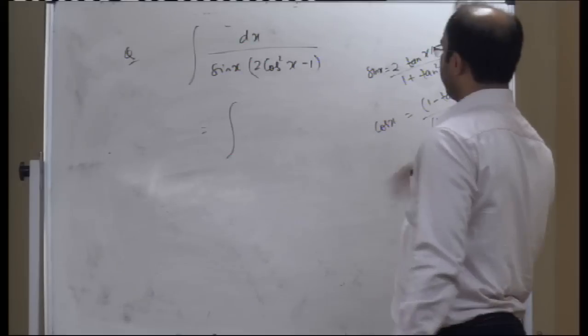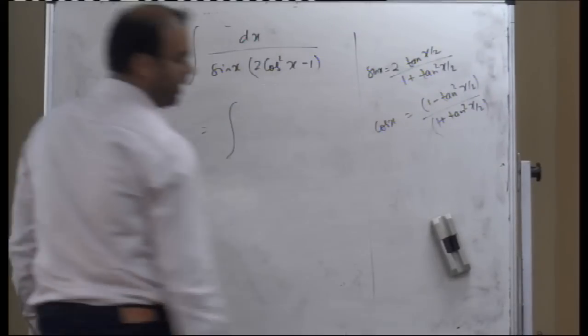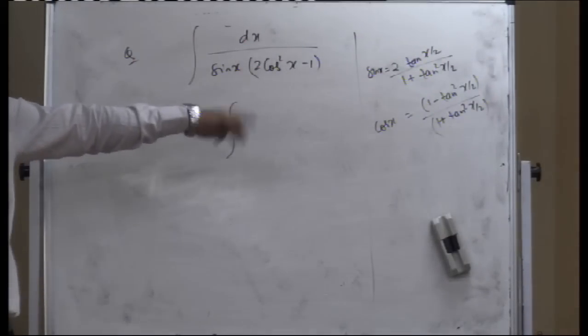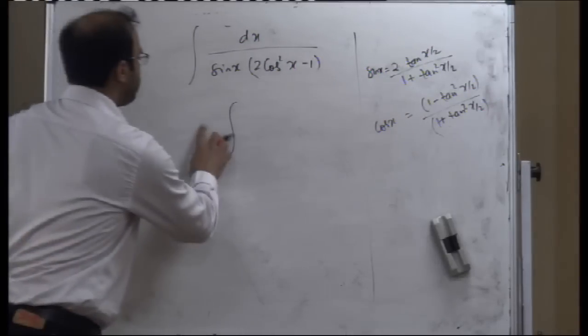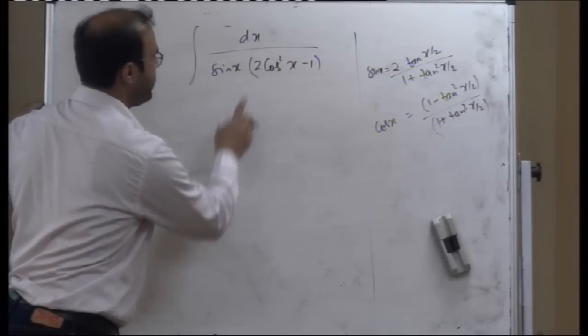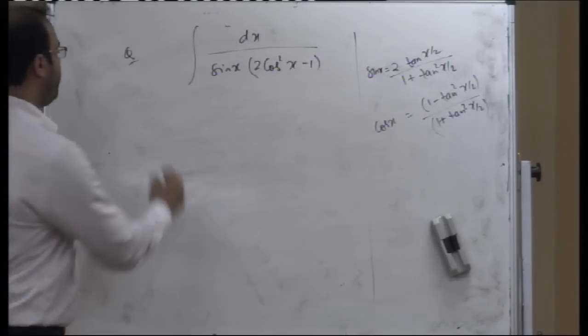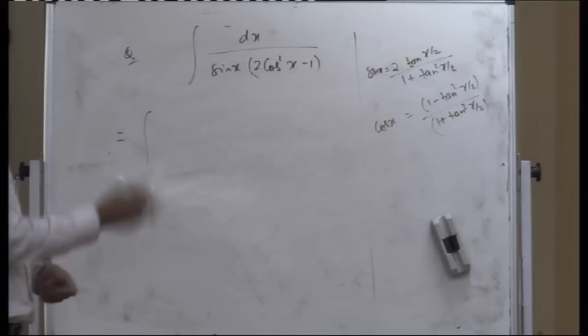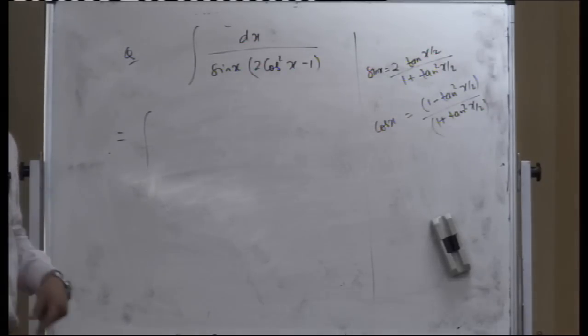This method I will just show here. I won't solve it because this method is quite lengthy for this question, but it will get solved. We'll come to another method for this question, which is actually a question specific method.